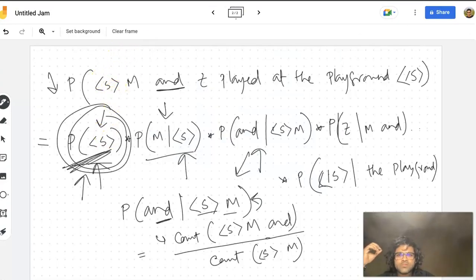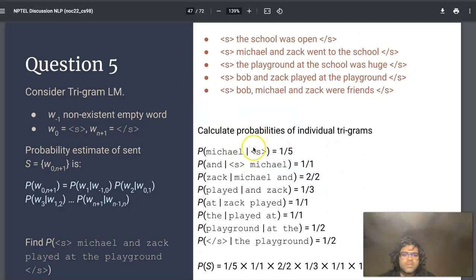That's why they are ignoring it, since it is not adding any value to the output. If we go this way, you will get the probability 1 by 60. So if I go with a trigram language model, the probability of the sentence is 1 by 60.